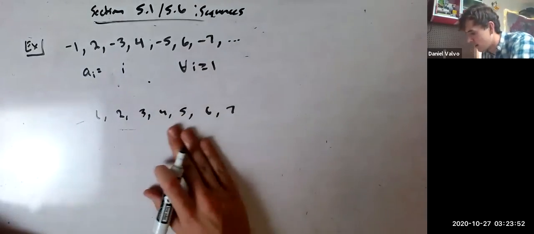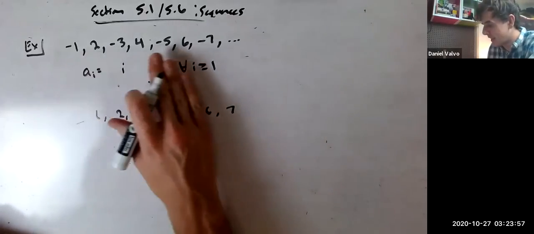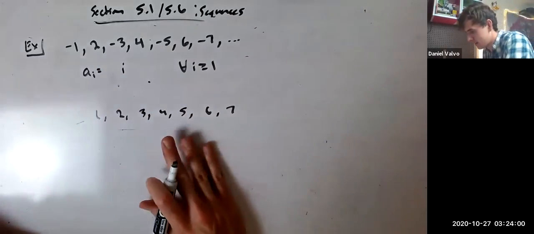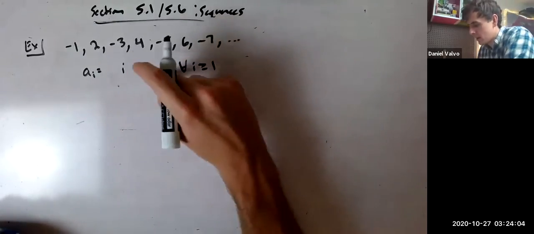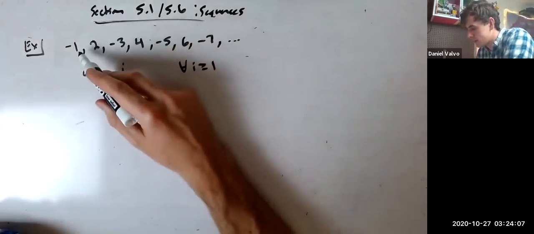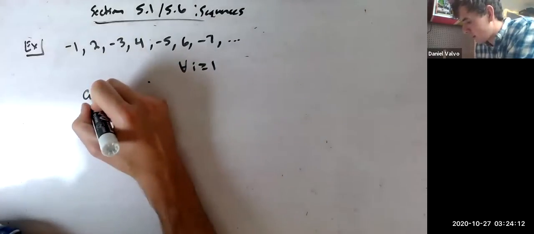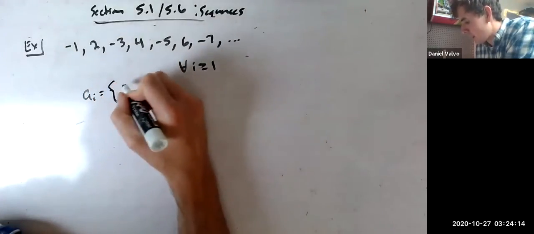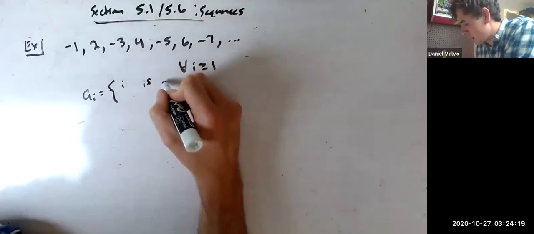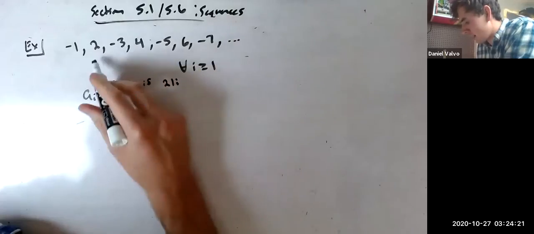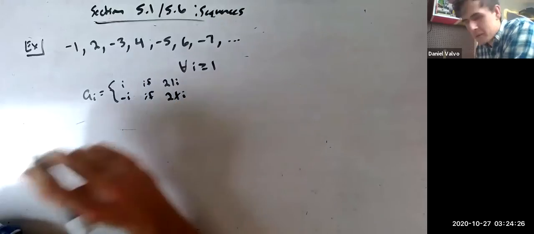So the question is, though, what do we have to do to this sequence to get to this sequence? You could write it as a_i equals i if 2 divides i, and negative i if 2 does not divide i.